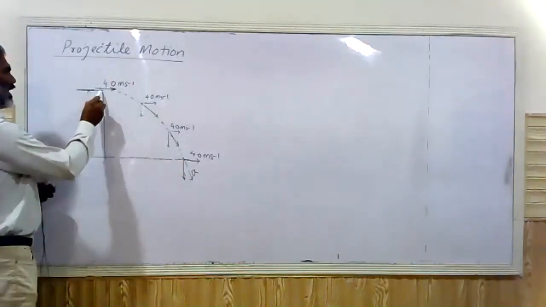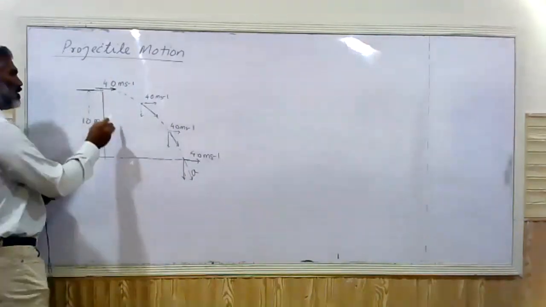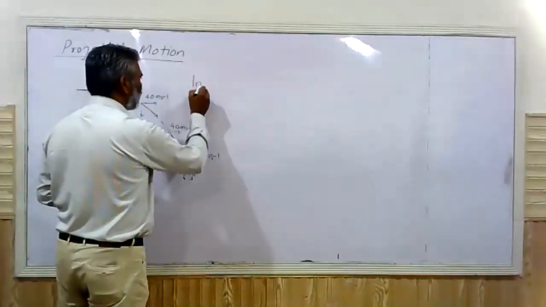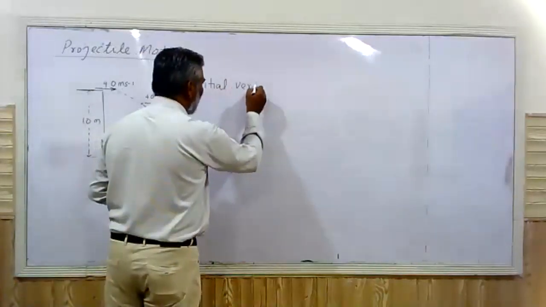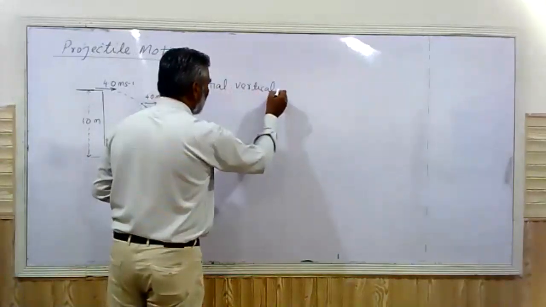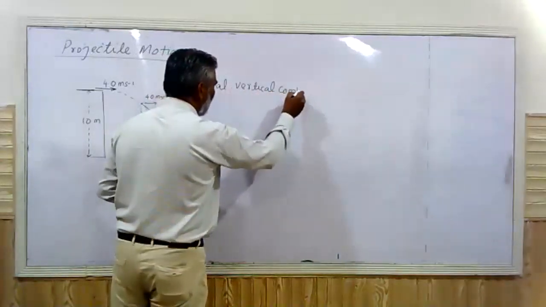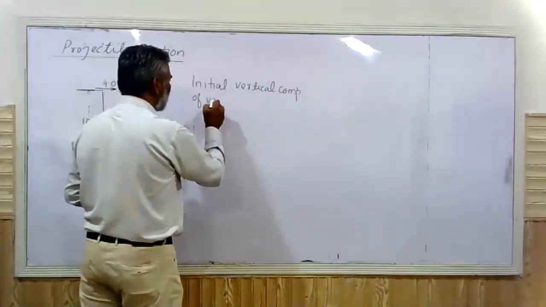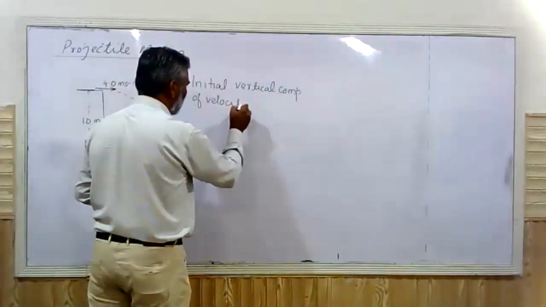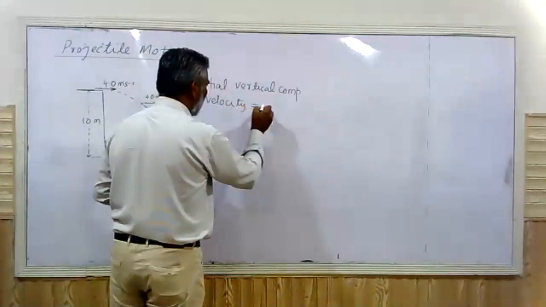We don't have any vertical component here, so the initial vertical component of velocity is equal to 0.